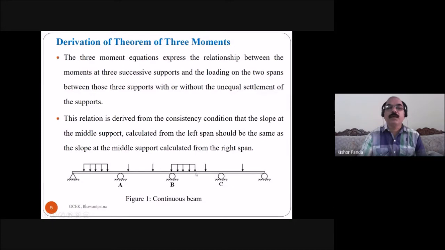Theta BA and theta BC are equal, or at the support theta BA plus theta BC is equal to 0. This is one compatibility condition. Using it, you can find the three moment equation. The total slope at the intermediate support is equal to 0.